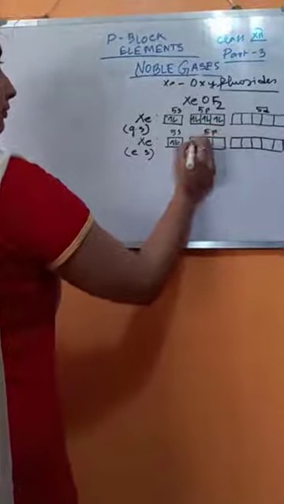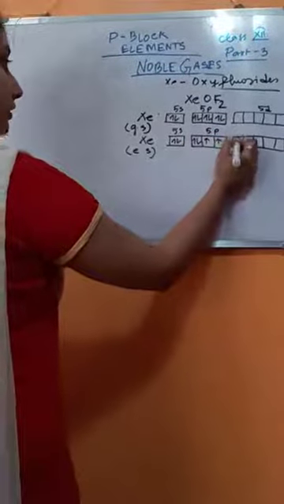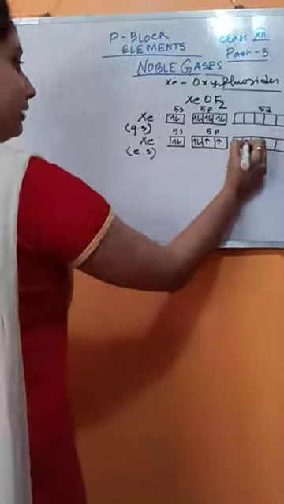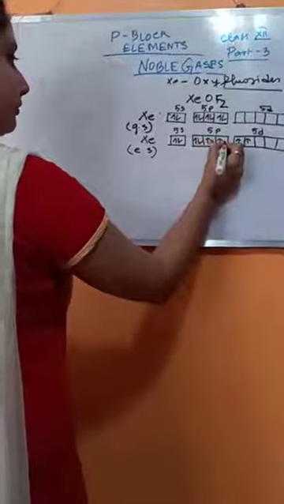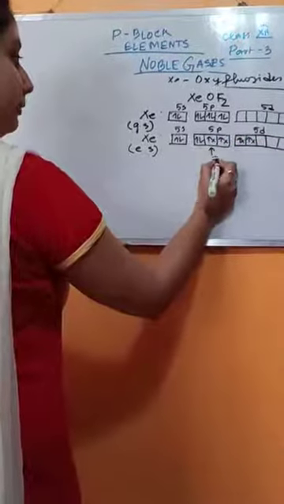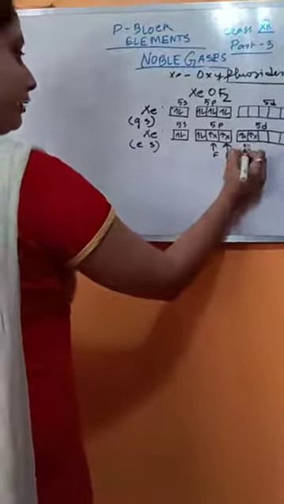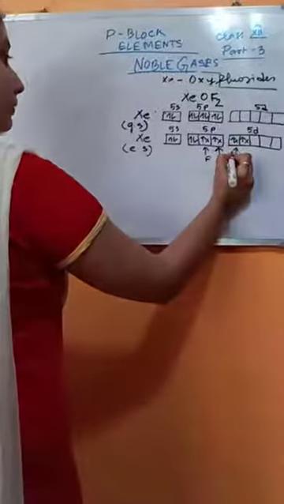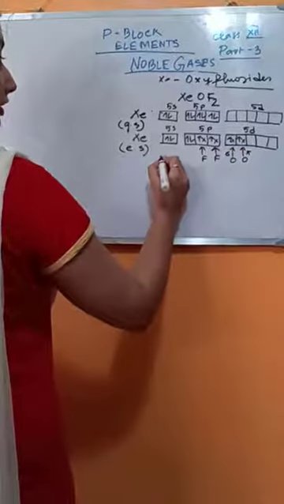So 2 electrons will get excited to the d orbitals. Sigma bond with fluorine, another sigma bond with fluorine, sigma bond with oxygen and pi bond with oxygen.